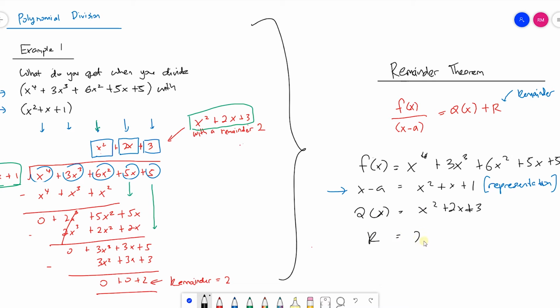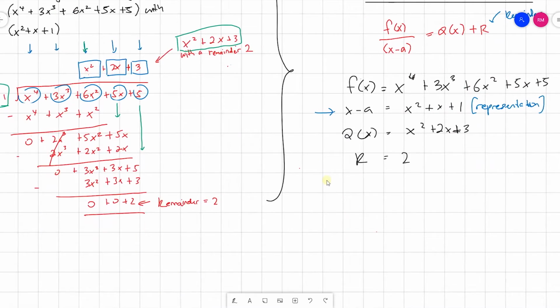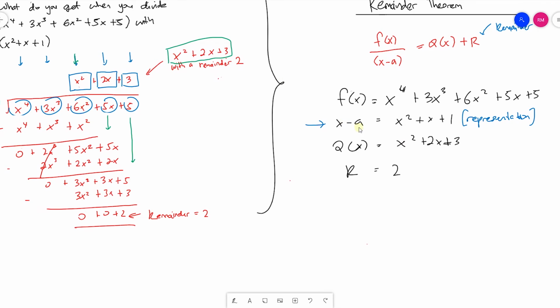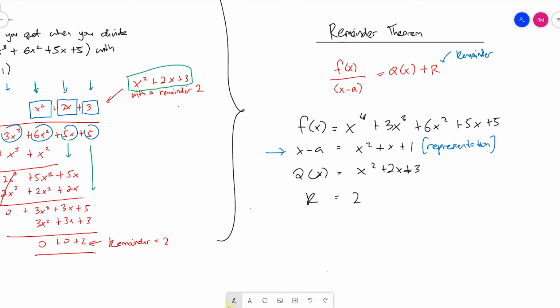If you put all the data that we got inside this formula, we'll get something like this. f(x) is equal to x to the power of 4 plus 3x cubed plus 6x squared plus 5x plus 5.